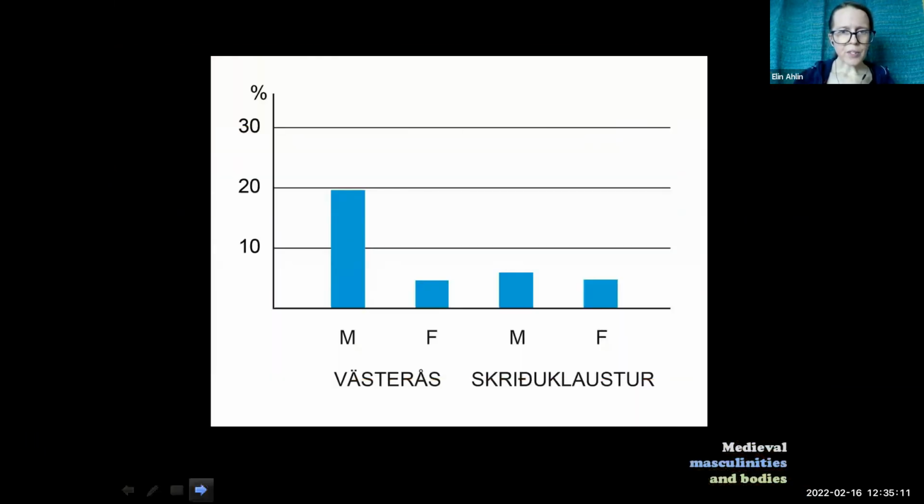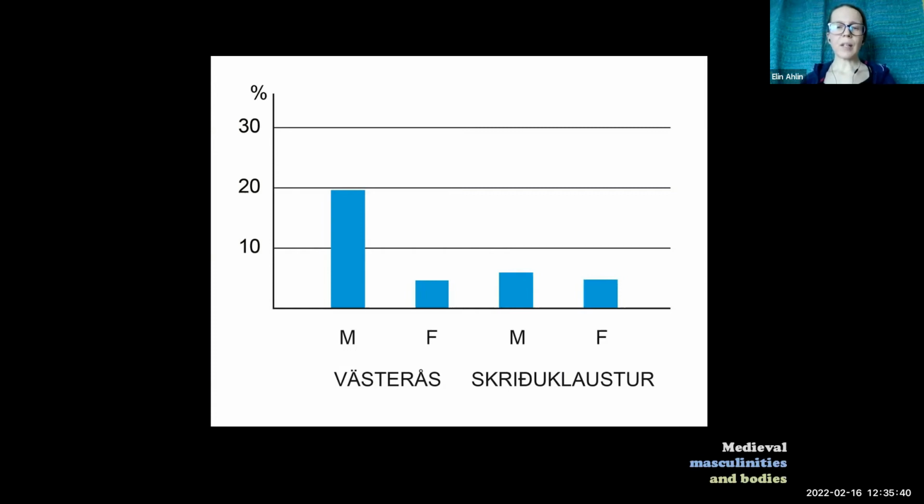If I move to the next picture, can you see a little diagram here with Västerås and Skriðuklaustur, males and females? Oh, great. And these are the percentages of individuals where I could detect this type of injury. So you can see in Skriðuklaustur, they're quite unusual, both in male and female, that's M and F, slightly over 5% of the examined individuals.